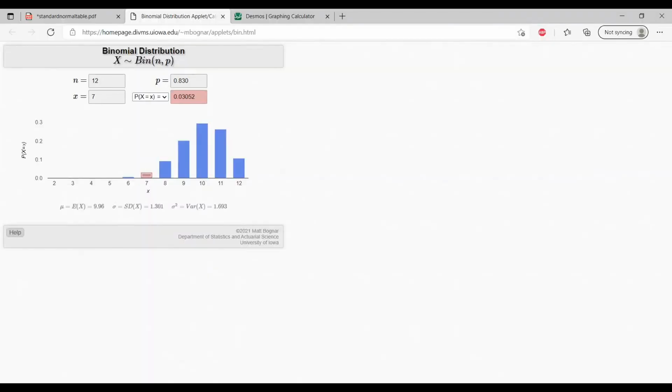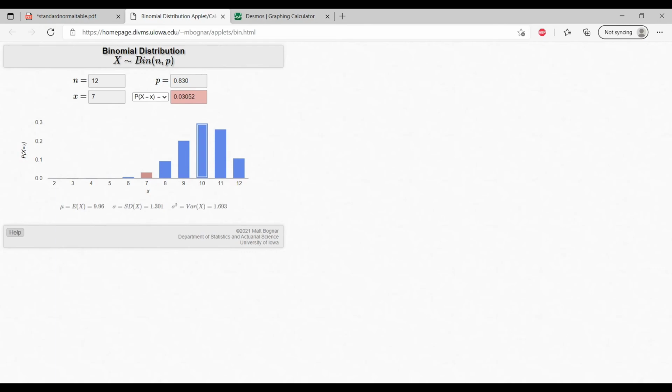At P of X equals 10, you can see the highest bar, that is 0.29595, and after the 10th bar the value of the bar decreases, and again decreases. So at P of X equals 10, it reaches the highest probability.